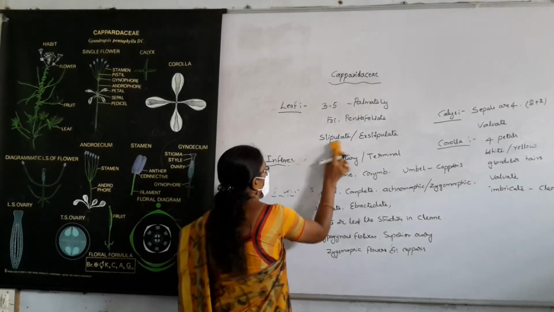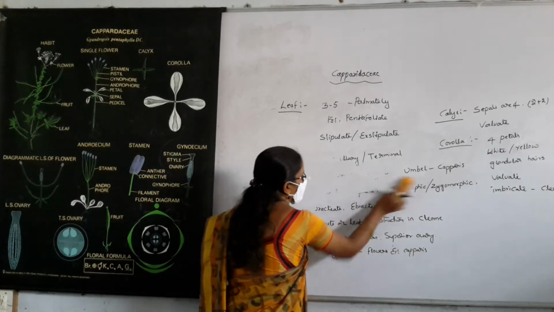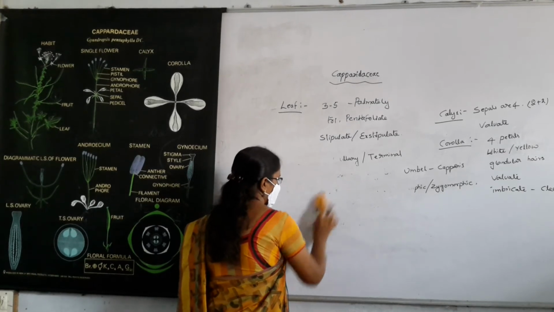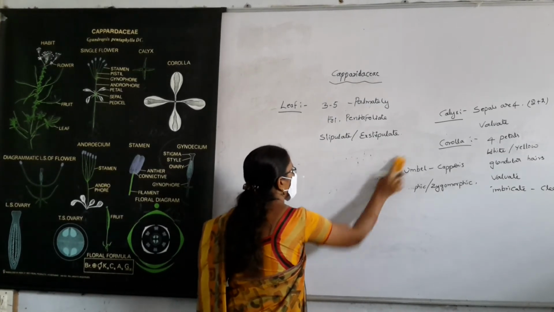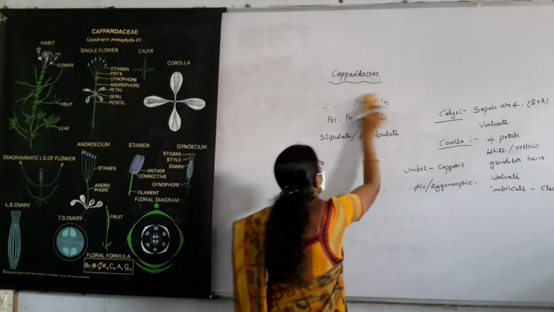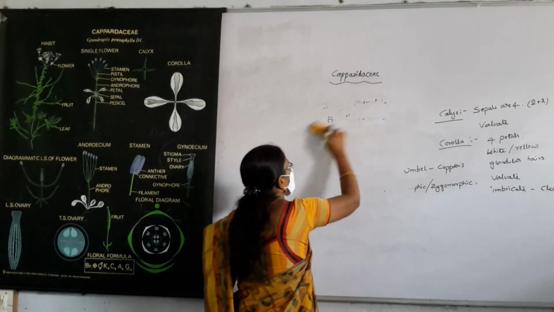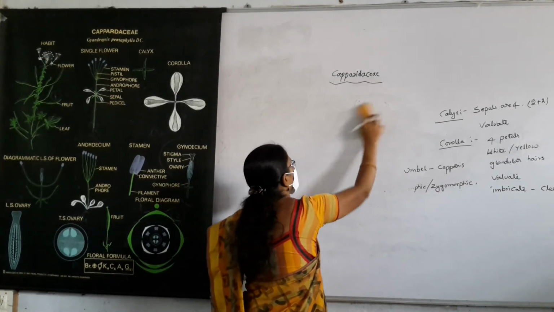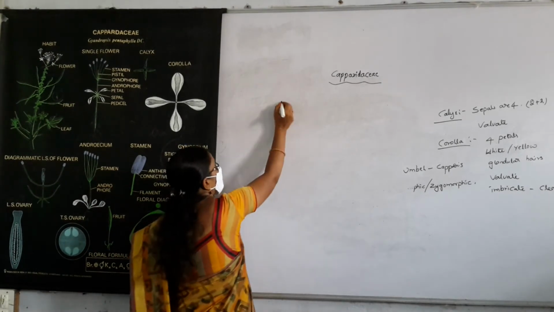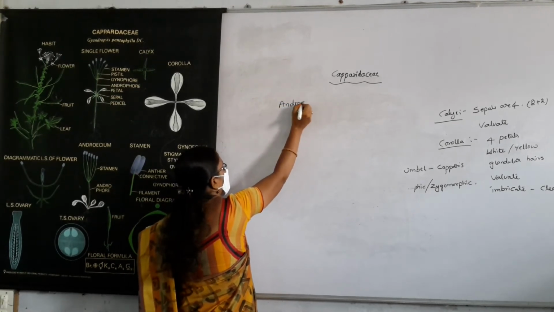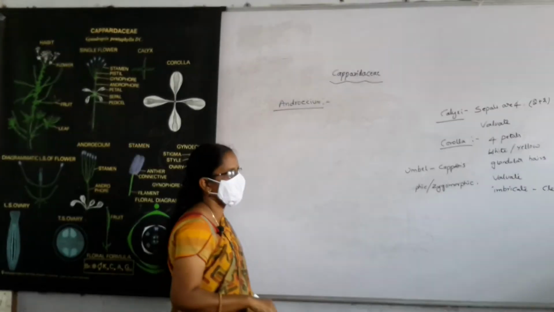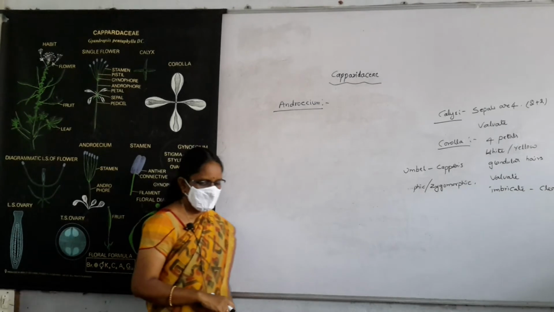Androecium of the Capparidaceae family. Androecium consists of the stamens.